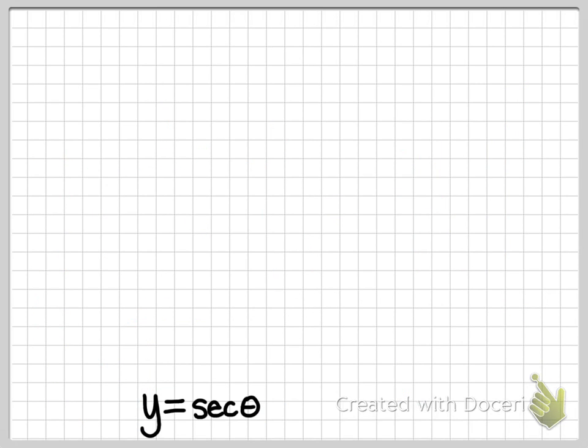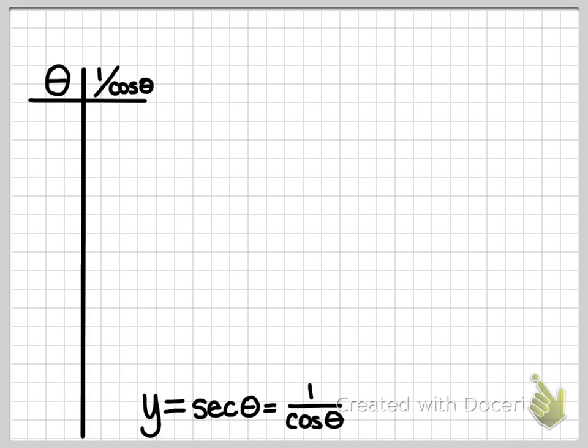Okay, so now we're going to look at y equals secant theta, and we know that secant is the reciprocal of cosine. So we're going to have theta and then 1 divided by cosine. So we're going to start with 0, and that's going to be 1 divided by 1, which is 1.